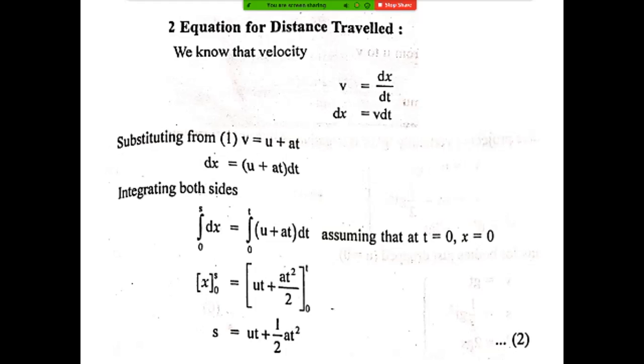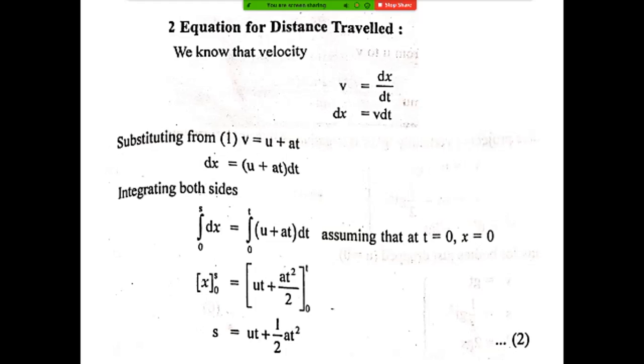Integrating dx gives x, with upper limit s and lower limit 0. On the right side, u dt, if I integrate dt, I will get t.